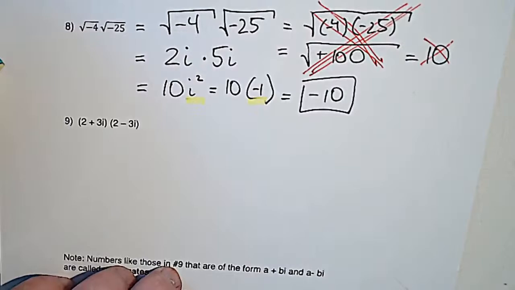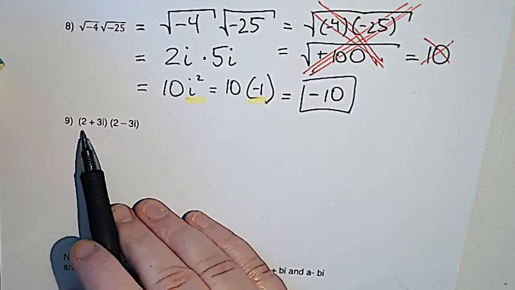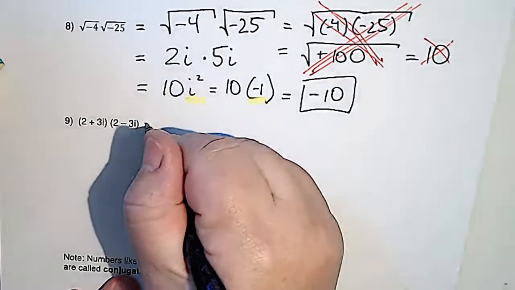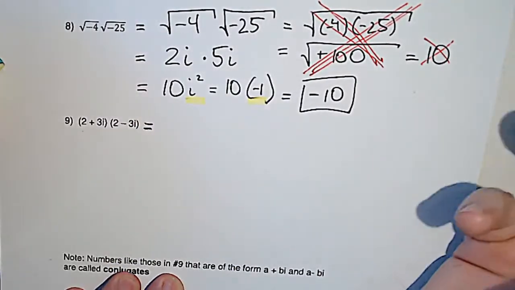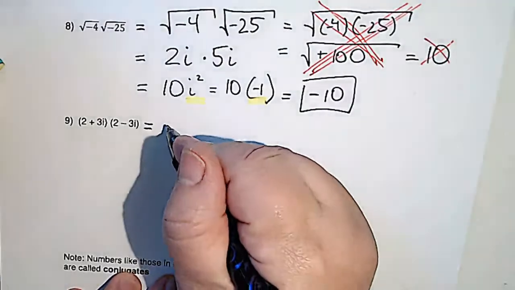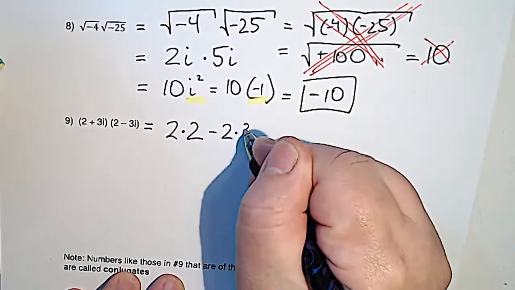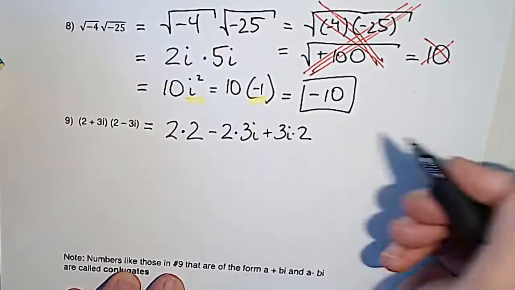Now, hopefully you notice these are not just a product of two binomials, but you notice the pattern a plus b, a minus b. That's kind of interesting. You can either use the fact that this is going to be a difference of squares, or you can go ahead and FOIL. First is 2 times 2. Outer is minus 2 times 3i. Inner is plus 3i times 2.